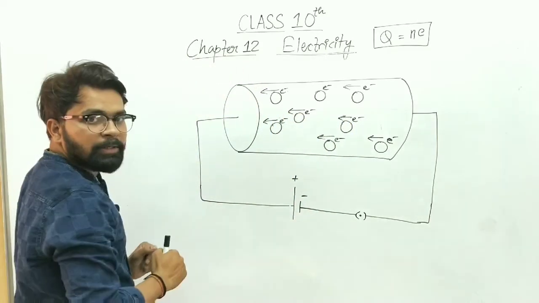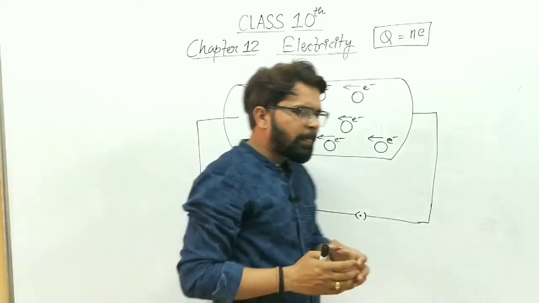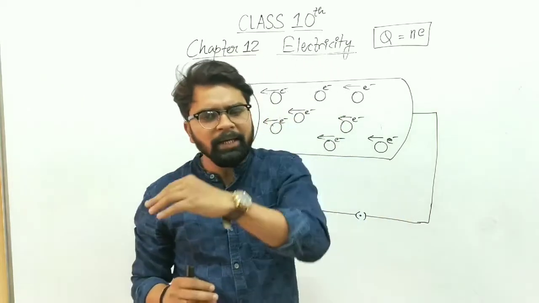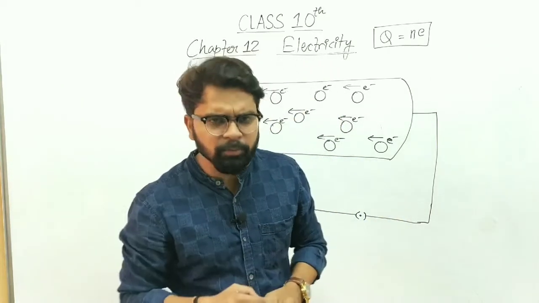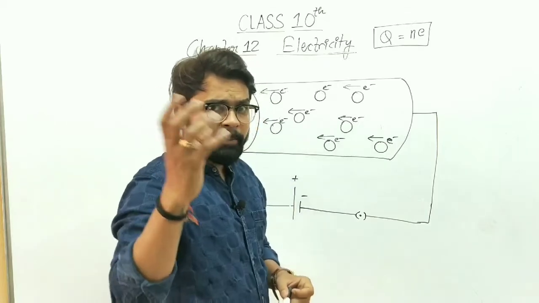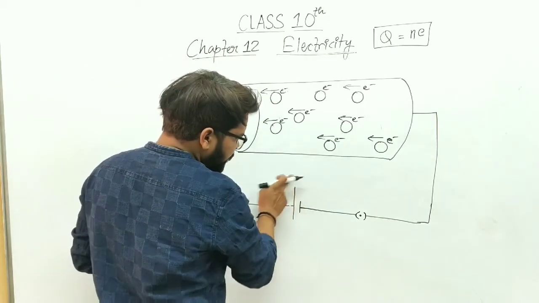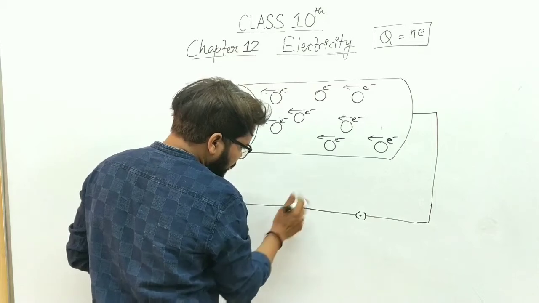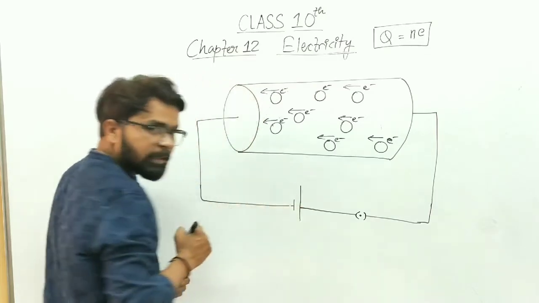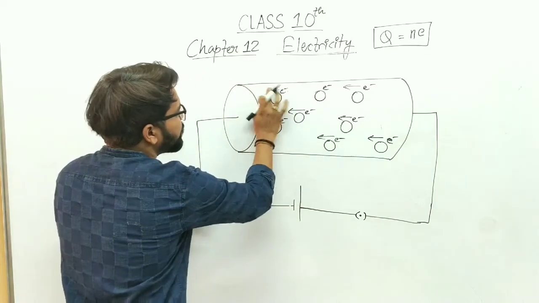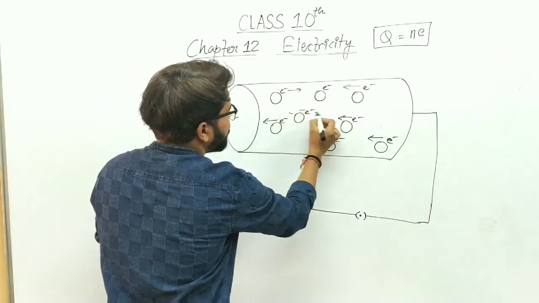It is a fundamental fact that electrons move in one direction. Somehow a question rises in your mind: if we change the terminals of this cell, so that this is positive and that is negative, the direction of electrons will be reversed. You should not be confused.